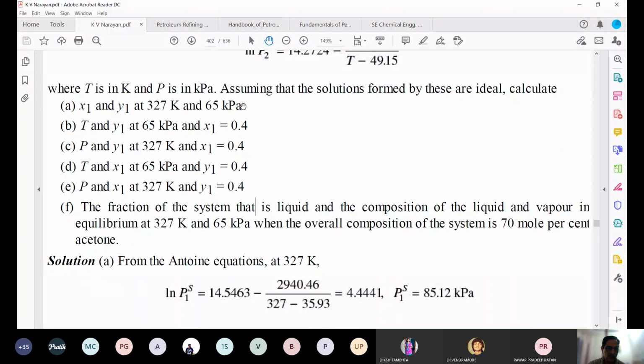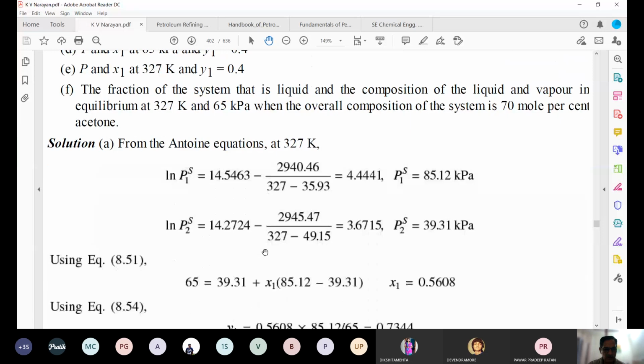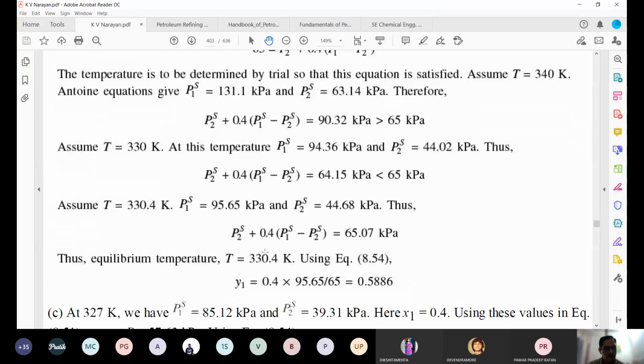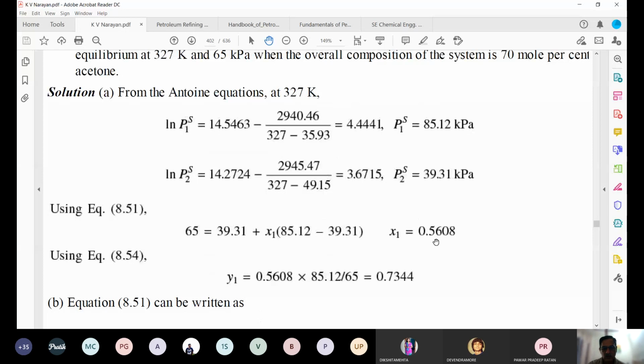Part A was to find x1 and y1 at 327 Kelvin and 65 kilopascal. The temperature is the same, 327 Kelvin, and the pressure is also the same, 65 kilopascal. So we already know x1 and y1 from part A. What is the value of x1 and y1? They are 0.5608 and 0.7344. When you take that mixture between the two curves and separate it out, we get a liquid phase and a vapor phase.